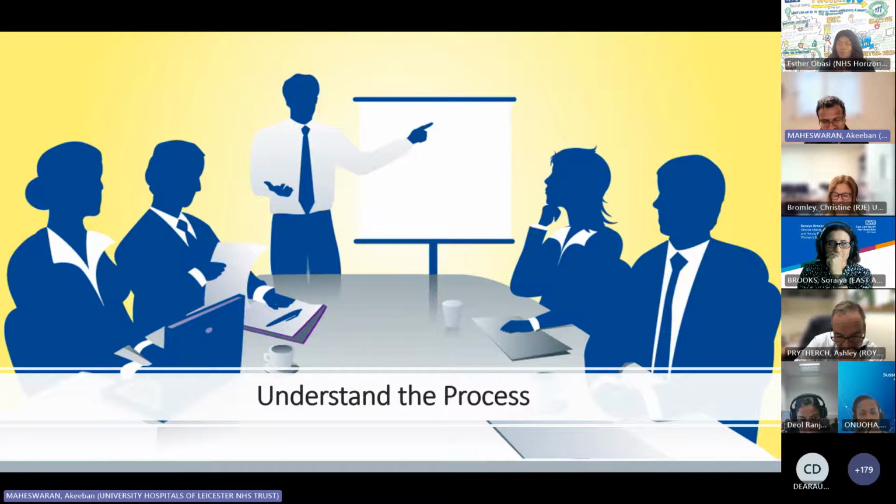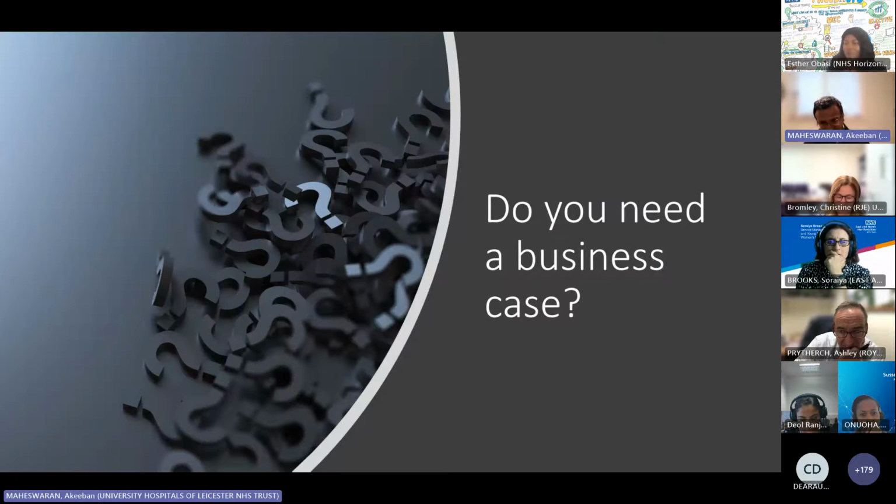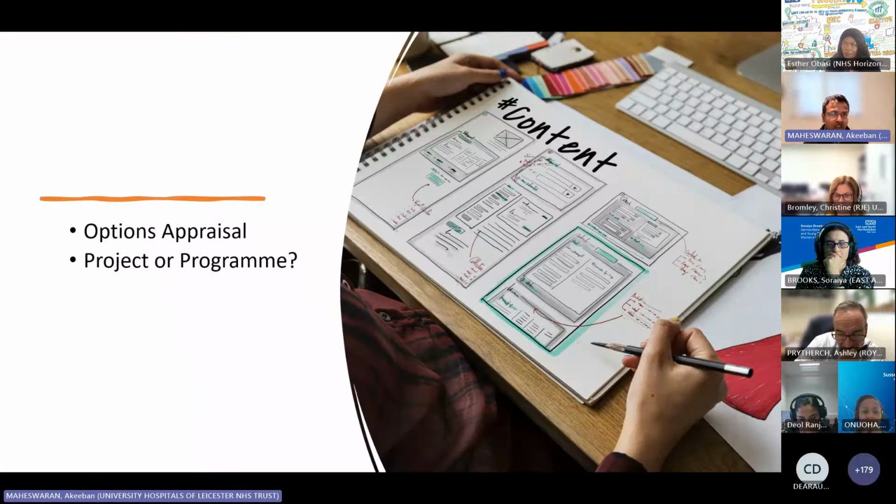So the first step is to understand the process within your organization. The second thing is, do you actually need a business case, or is it something else that you need? Again, every organization will have a different setup. Do you actually just need an options appraisal because the money's already been budgeted, it's already been allocated, and you need to decide what you can spend it on?